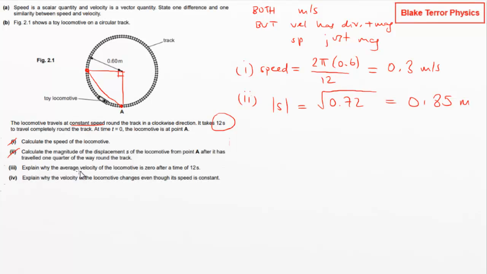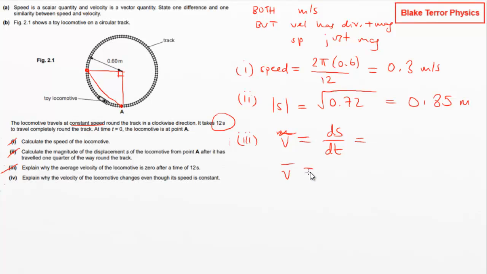Explain why the average velocity of the locomotive is 0 after a time of 12 seconds. Okay, right. The velocity is the rate of change of displacement.